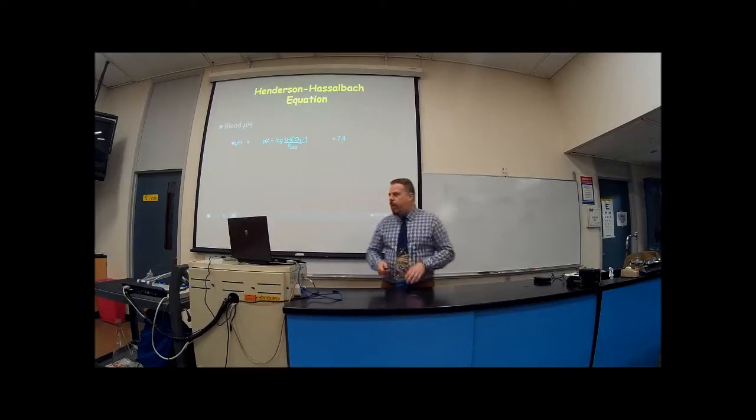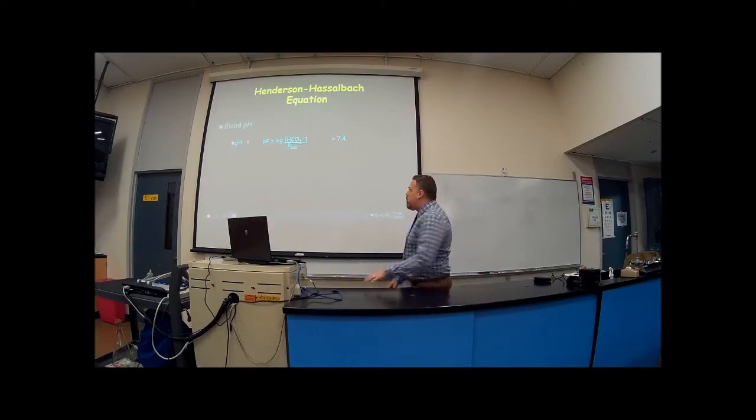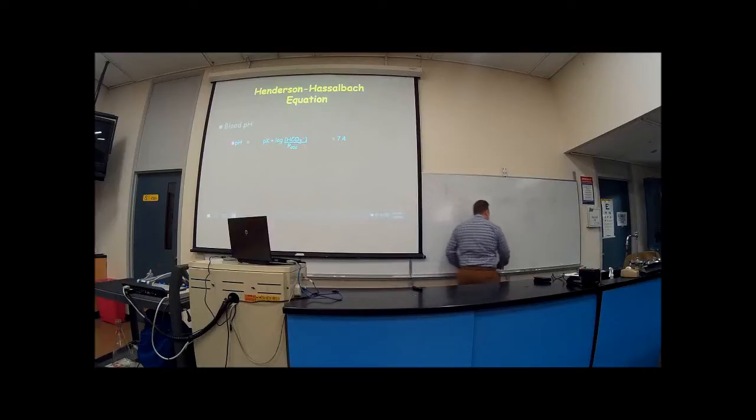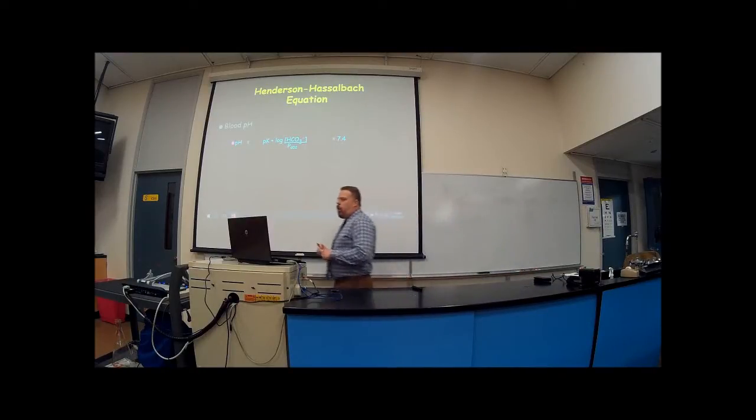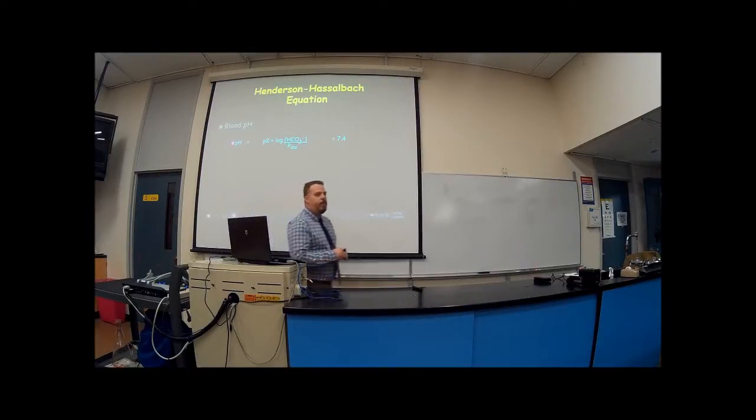Well, the pH is a constant, which is the pK, which you don't have to worry about, and then the log of the concentration of bicarb, when you have it in brackets like this, it means concentration, over the partial pressure of carbon dioxide. Now, I'm going to make this very simple for you to really understand. You don't have to worry about this log and stuff. But if you know anything about math, it's always the log of 1.